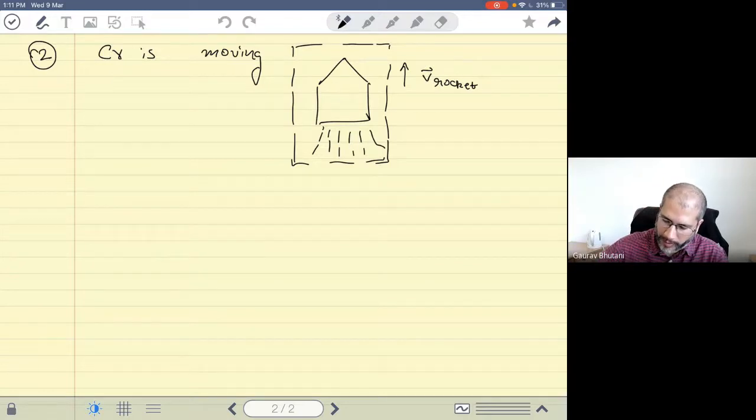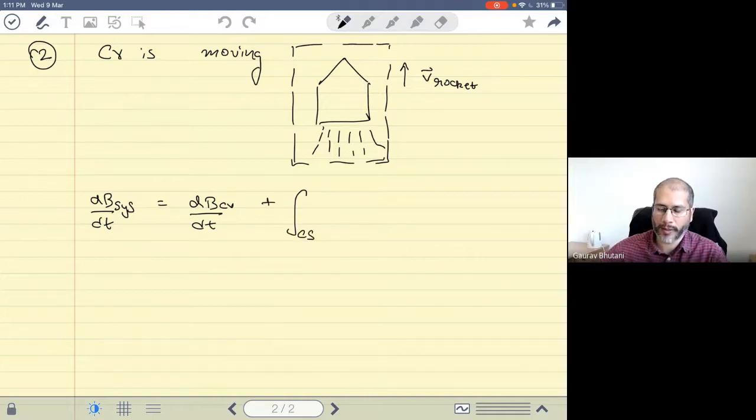And if you recall the Reynolds transport theorem, which has dB by dt for system and control volume like this, and then you have the control surface term, which is the B dot in and B dot out, which was rho beta v dot n times dA.